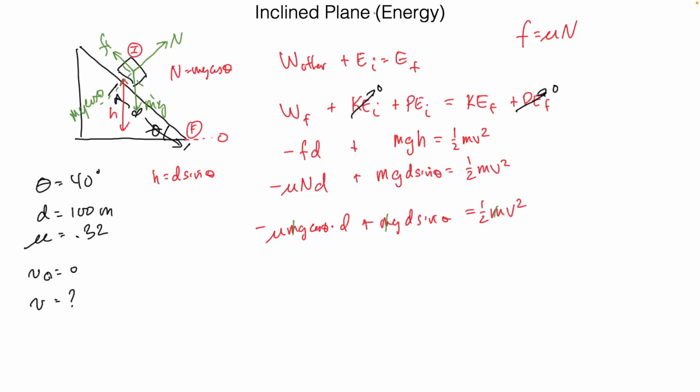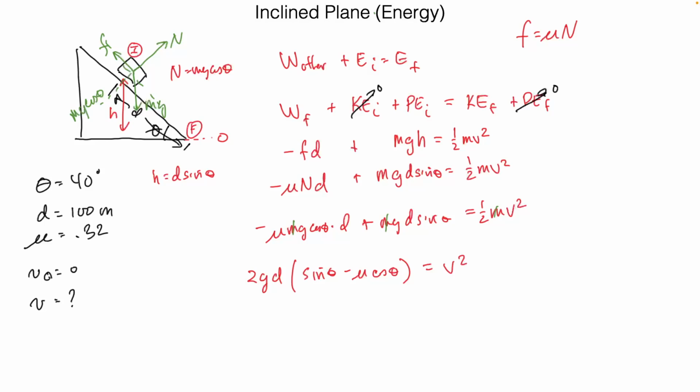This is going to be 2, and I can hear my math teacher yelling at me. I should factor out the g and the d, leaving behind, and my math teacher would want me to reverse everything, sine theta minus mu cosine theta. I did do 3 or 4 math steps right there. Equals v squared.